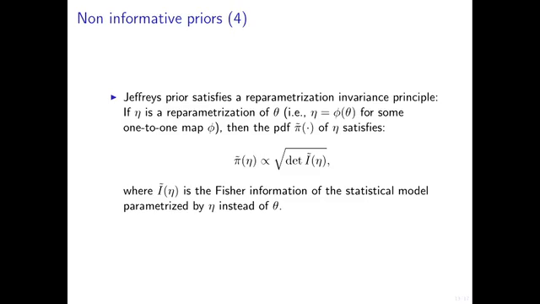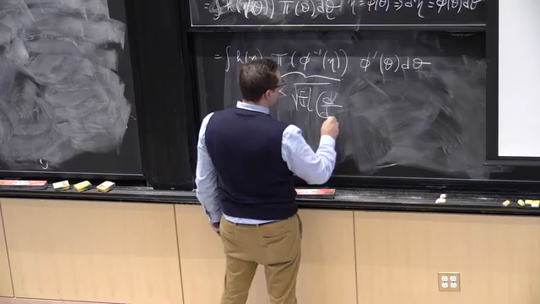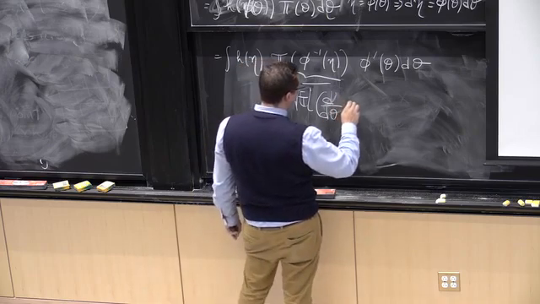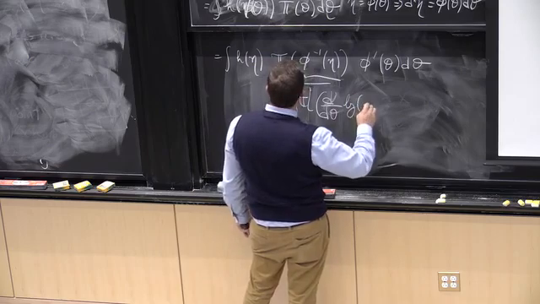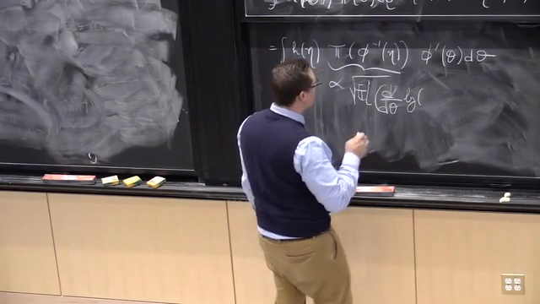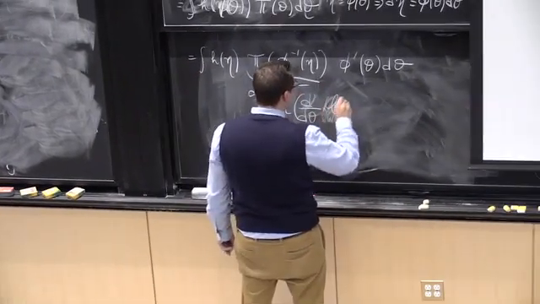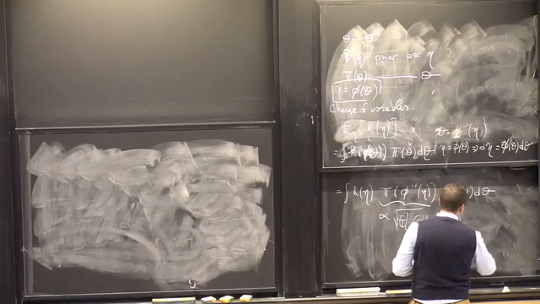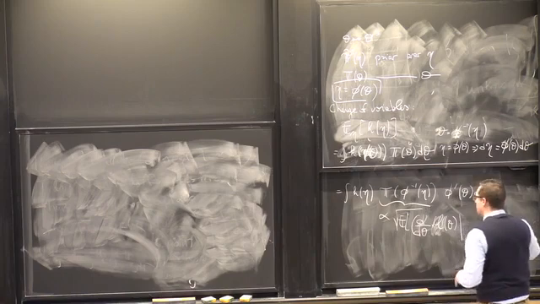And the Fisher information we know is the expectation of the square of the derivative of the log likelihood, right? So this is the square root of the expectation of the derivative with respect to theta of the log of, well, now I need the density, let's just call it L of theta, taken at phi inverse of eta, squared.